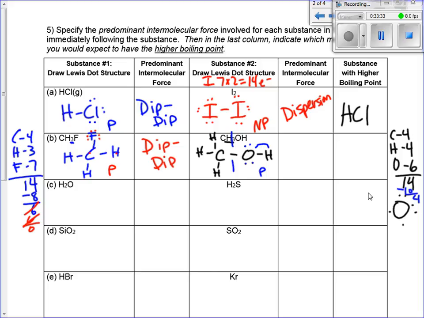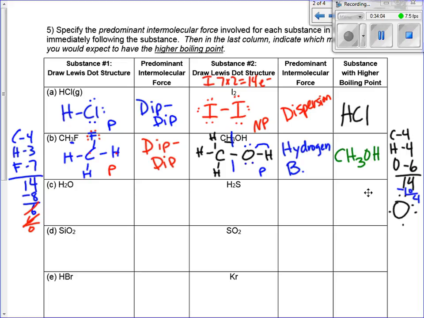Hydrogen bonding. Okay? Now, looking at our 2 and comparing them. Dipole-dipole with hydrogen bonding. Who's going to have the higher boiling point? Who's stronger? Hydrogen bonding. So therefore, over here we would write in methanol.